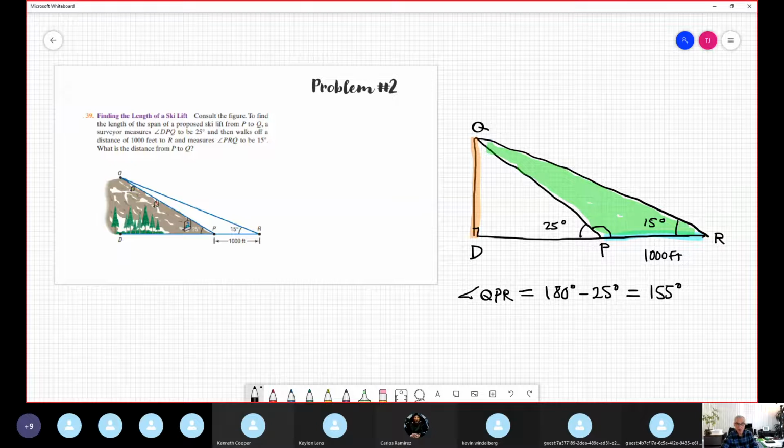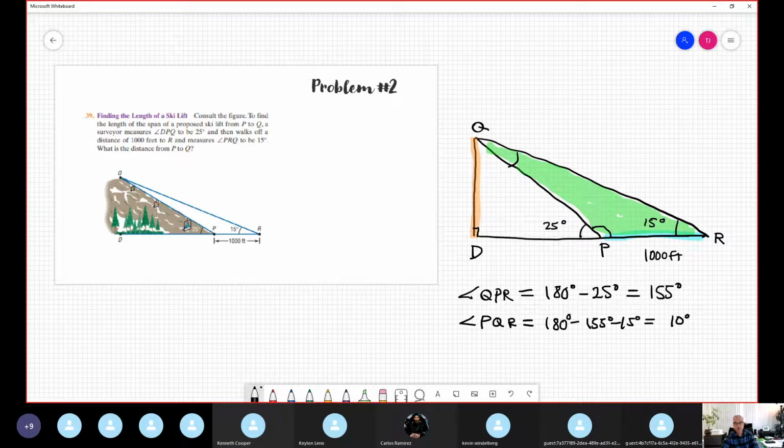And the angle PQR is this guy. Well, I know that the sum of the interior angles of a triangle is equal to 180. Therefore, 180 minus 155 degrees minus 15, and the answer is 10.